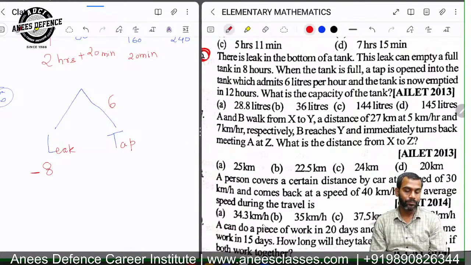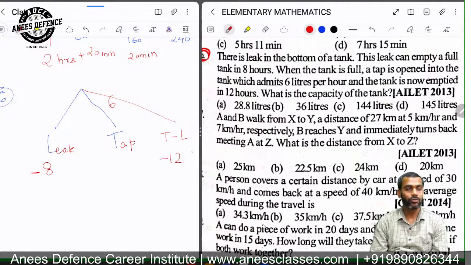If they work together, then shall I write T minus L? Yes or no? T minus L. So it empties in how many? 12 hours. So which is faster?